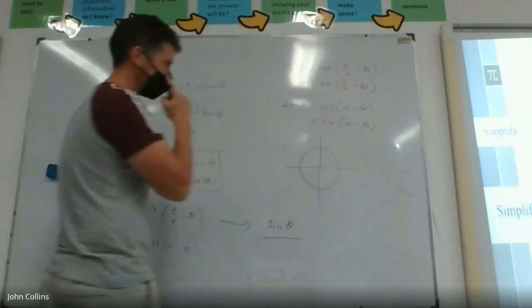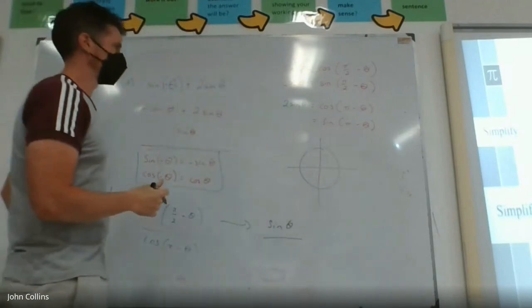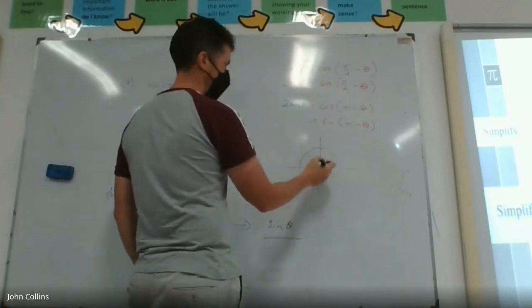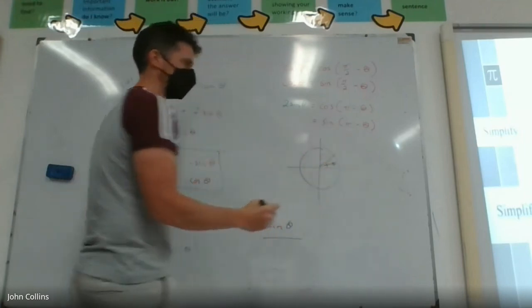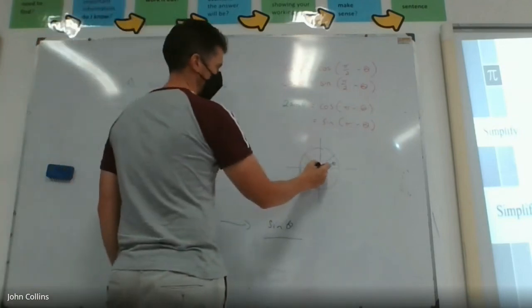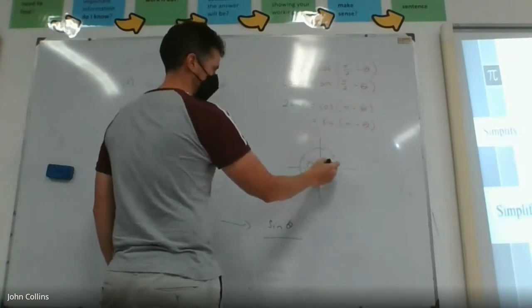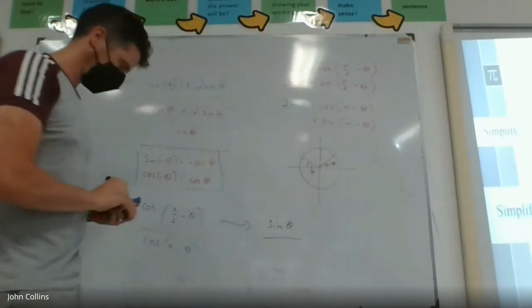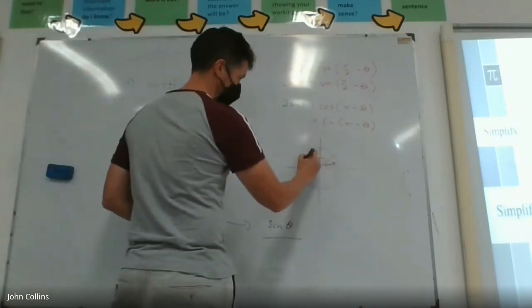Okay, let's think about it. So pi take away theta. Let's say this is theta. If this is theta, this would be theta as well. Let's do it in a different color. It's this angle all the way to here, isn't it?